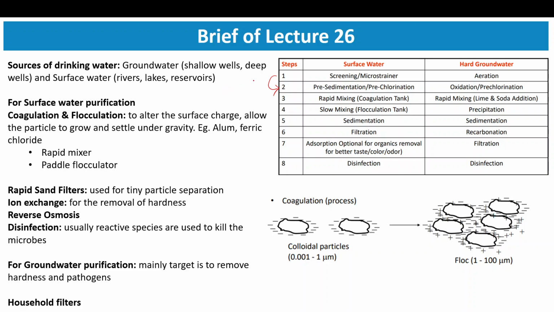So, we have discussed what processes are required. Now, screening is nothing but, for example, screens. If I give you an example from daily life, screens are nothing but the strainer that you use to filter tea.